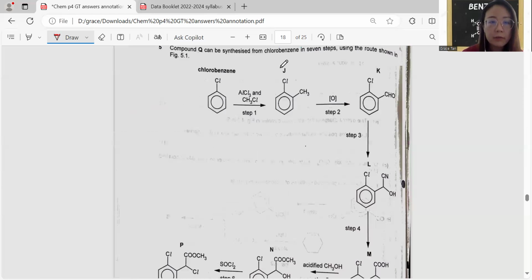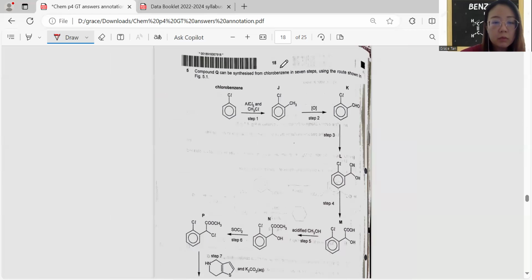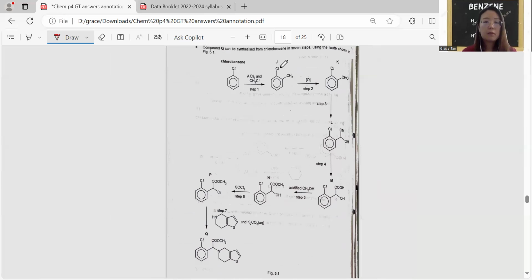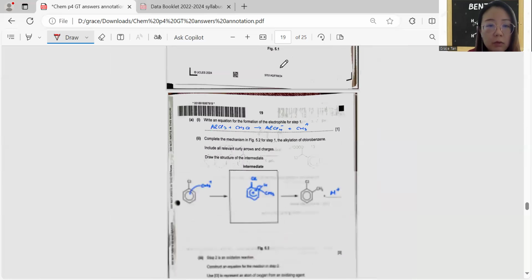Now, question number 5. Compound Q can be synthesized from chlorobenzene in 7 steps using the route shown in figure 5.1. Write an equation for the formation of the electrophile for step 1.